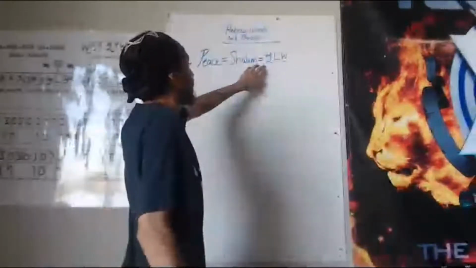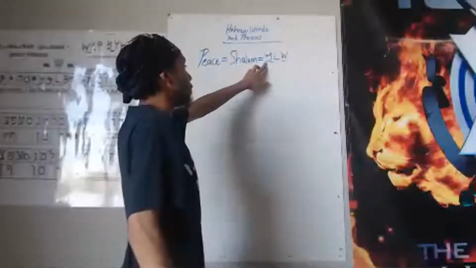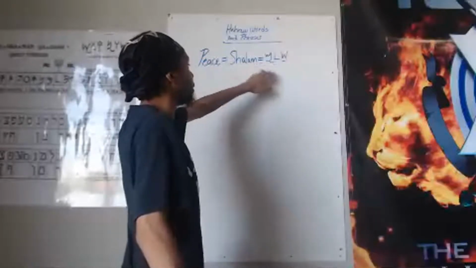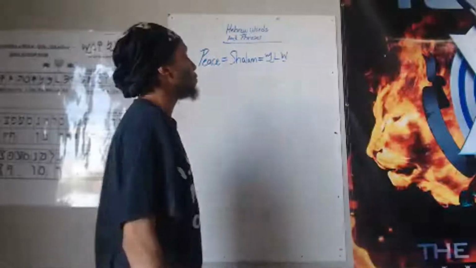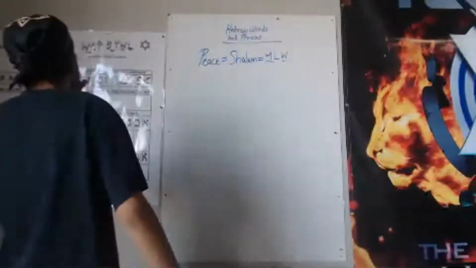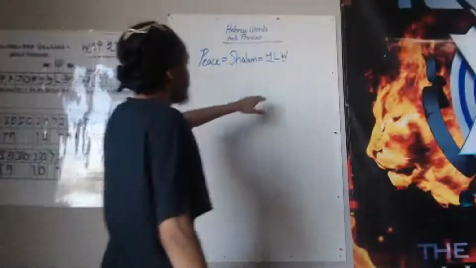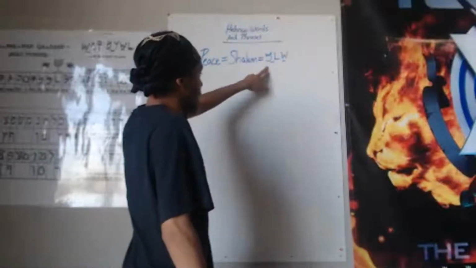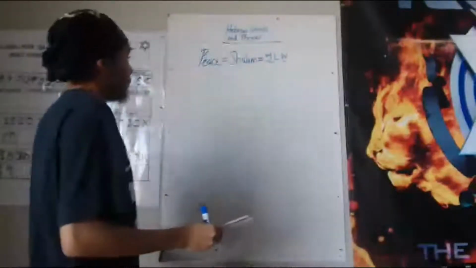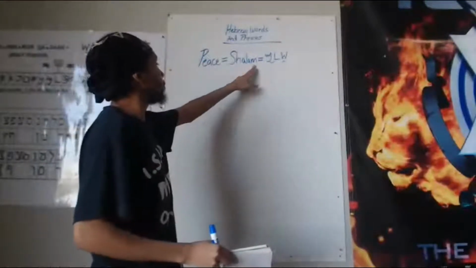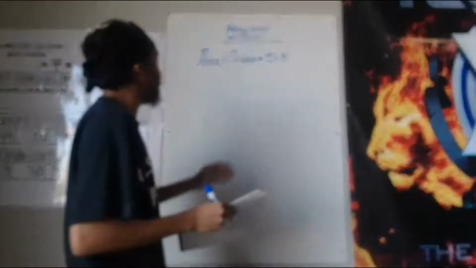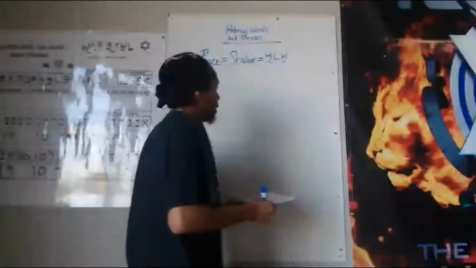Now, as you know, this is a ma, but it's a cut off. Instead of saying M-A, like shalom ma, you just say shalom. Anytime a word is at the end right here, nine times out of ten, it's going to cut off, as you see. All right? So that's peace. Now let's do it in a series.